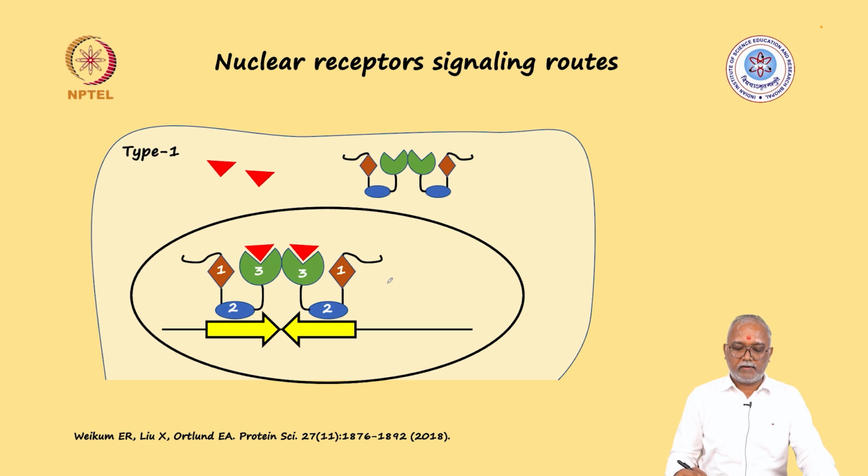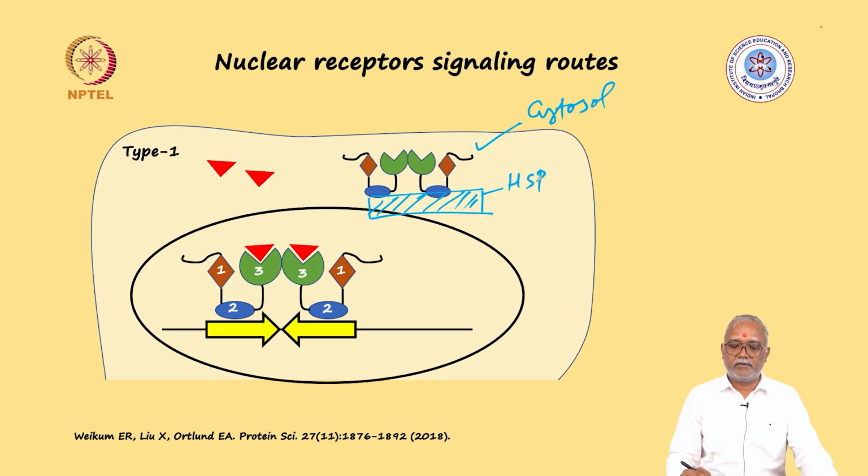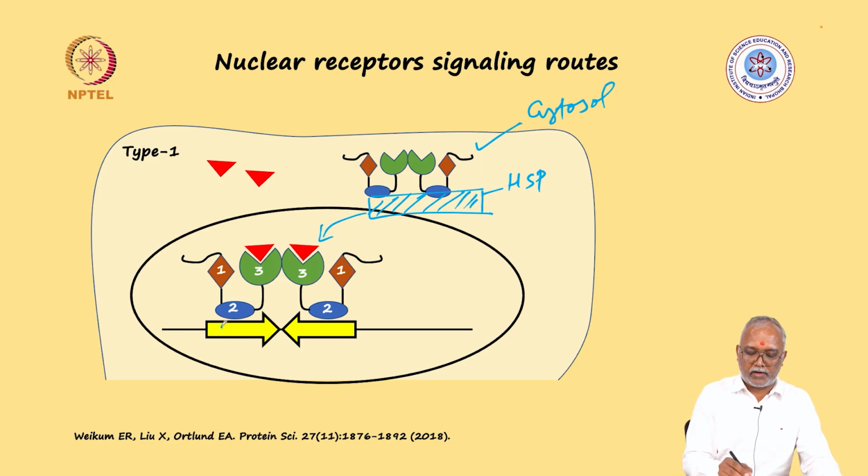So this is what is shown here: your receptor is present in the cytosol, generally bound to an HSP, which keeps it inactive. Ligand binding removes the HSP, and then it moves to the nucleus, where this is your hormone response element, which is present as a palindrome. Once the receptor bound to ligand binds to these hormone response elements, transcription is activated.